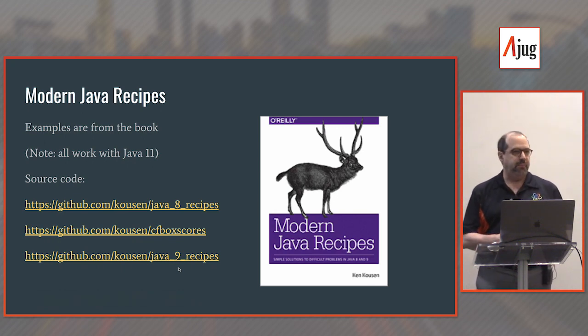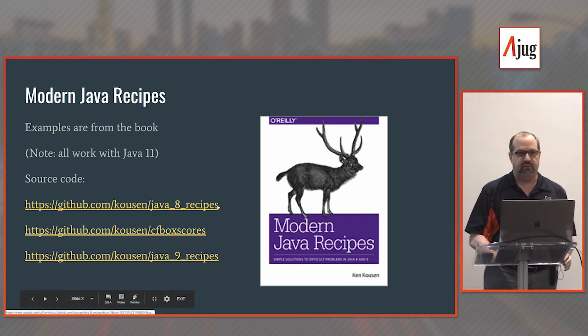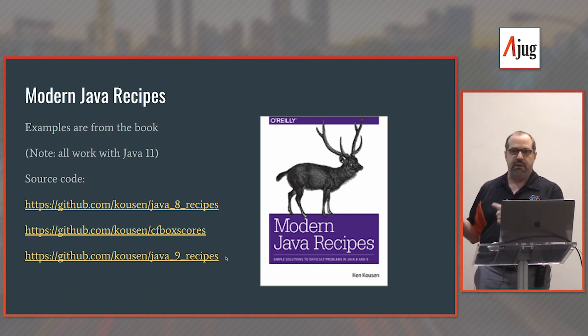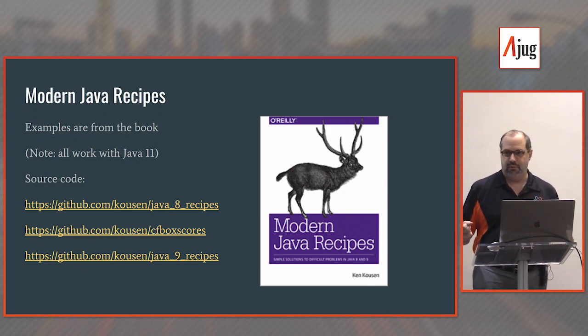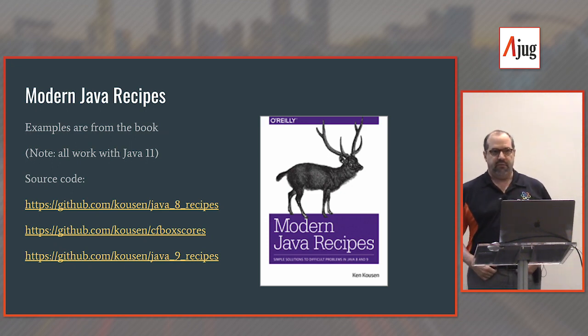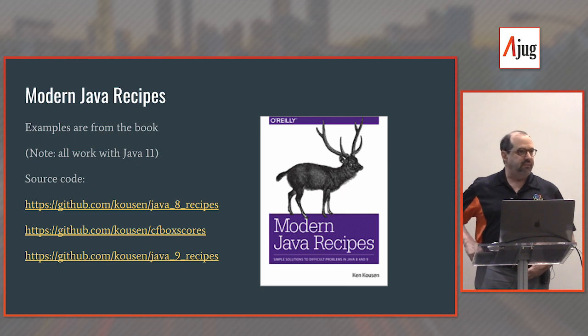That's before I knew that putting a number in there was going to be a problem, as it turns out. Now, I'm going to show you some code from the Java 8 recipes one and some from the Java 9 recipes one, but the Java 9 recipes one's been updated to Java 10 and 11. So that's actually running 11 at this point. I just don't know that it's practical to change the name of a repo necessarily. So even though it's got that name, it's running the Java 9, 10, and 11 demonstrations that I want to show.